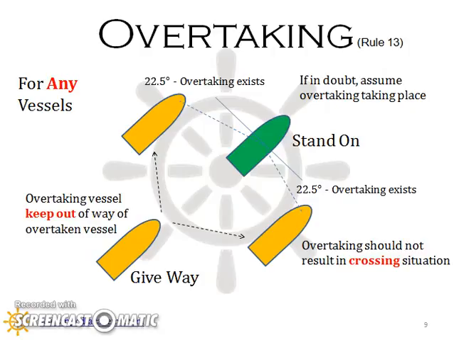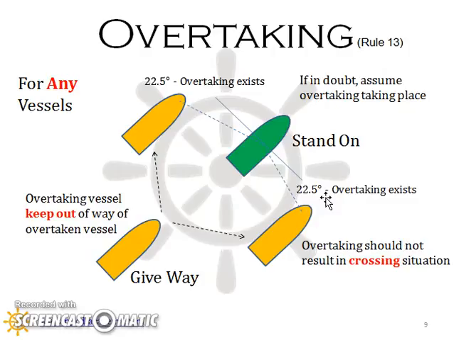The basic rule is that if in doubt, assume that overtaking is taking place. But how do we actually determine that it is taking place? If you are approaching the other vessel and you are about 22.5 degrees from either side behind the beam of the stand-on vessel, then overtaking exists.